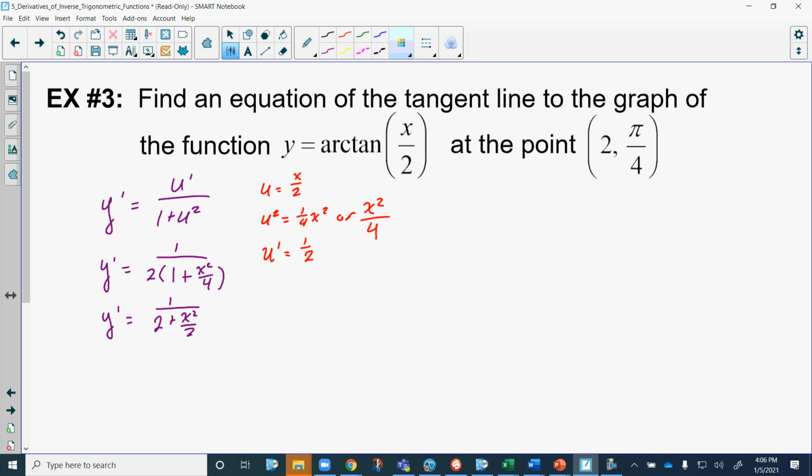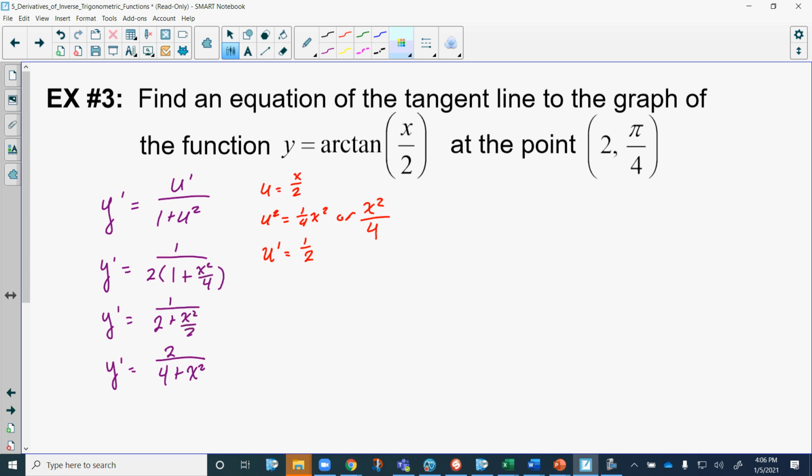So when I simplify overall the fraction here, just multiply everything by 2 in the top and the bottom. And that's going to give me 2 over 4 plus x squared. So there's the rule for the derivative.